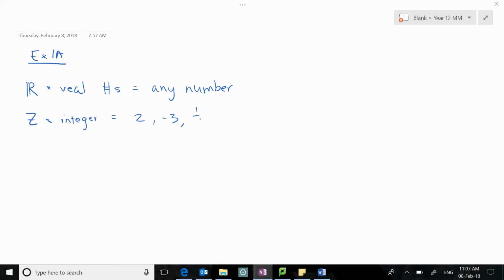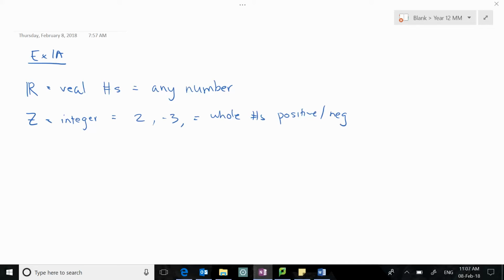Is half an integer? No. So 2 and -3 are all integers: whole numbers that are positive or negative. So I'm going to write it here: whole numbers, positive or negative. Does that include 0? Yes, that does.